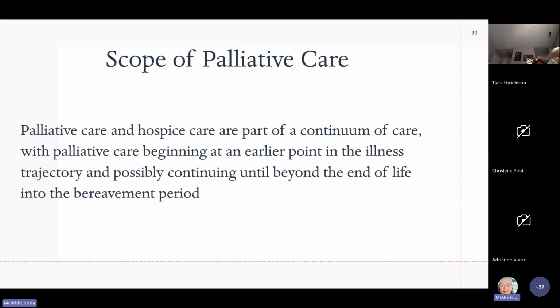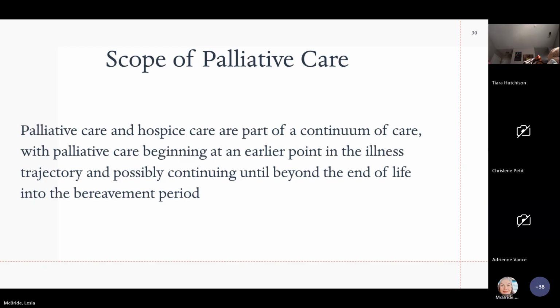Scope of palliative care. Again, palliative care and hospice care are part of the continuum of care. The earlier a person gets in, the sooner they can start getting assistance. What we're trying to do with palliative care is prolong their quality of life, prolong their life by giving them the support they need and decreasing their stress.